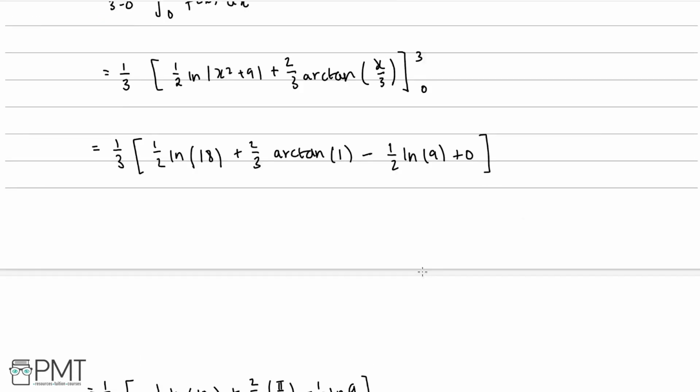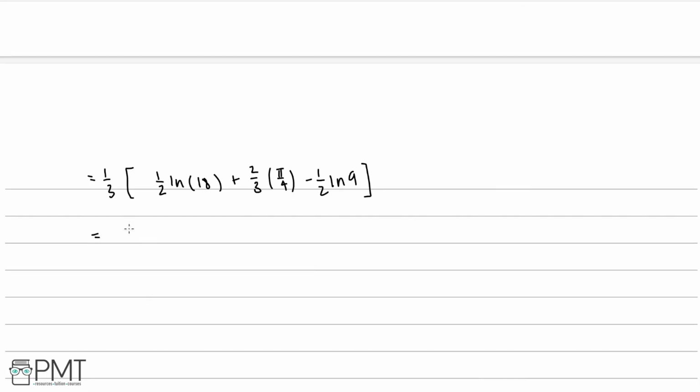Well, if we bring the third inside the brackets, we have a third times a half would be a sixth ln 18 plus, well, a third times 2 over 3 times pi over 4 will be pi over 18, minus, and once again, a third times a half will be minus 1 over 6 ln 9.